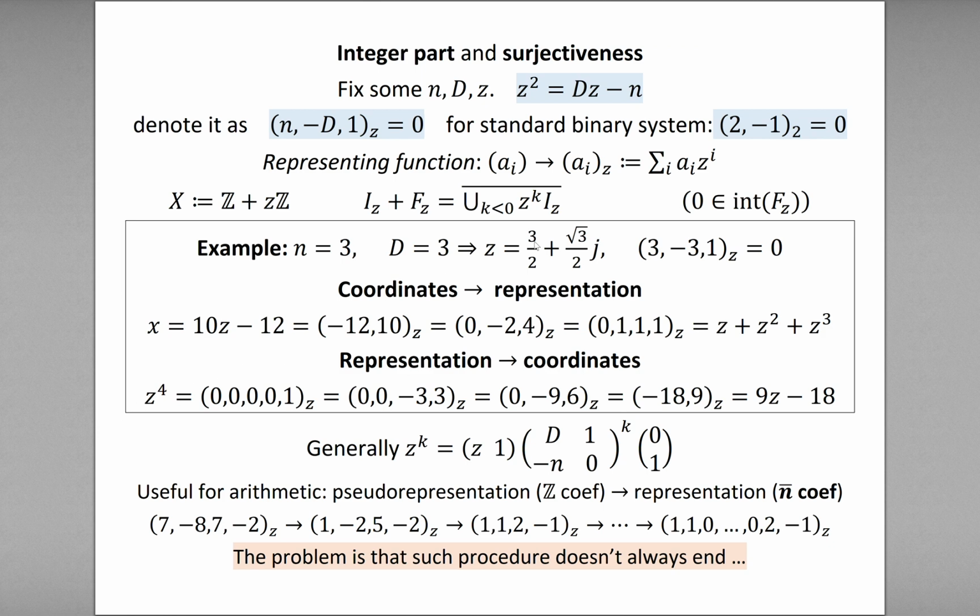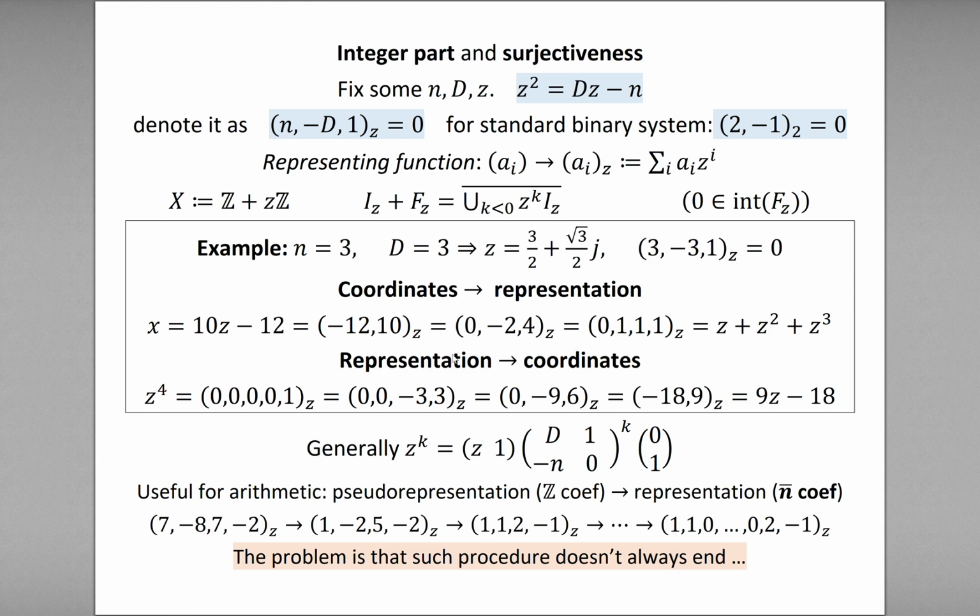Okay, so for example, if you would like to translate this number in standard coordinates to this complex base numeral system, we write it in this kind of notation, which is not nice because it uses large digits.